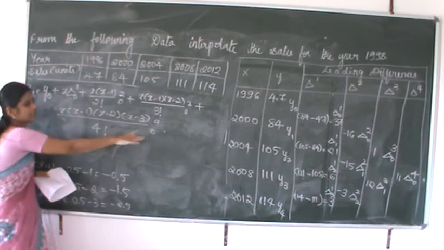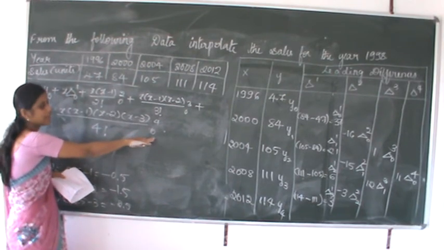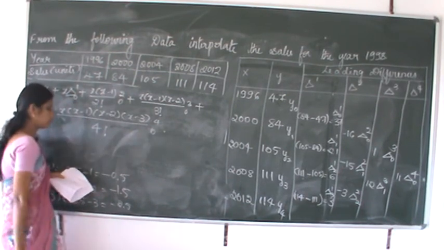Up to 4th leading difference you are going to write because 5 values of y are known.